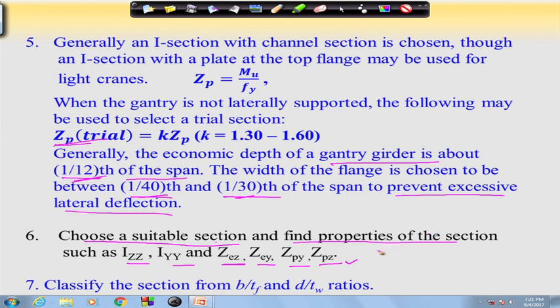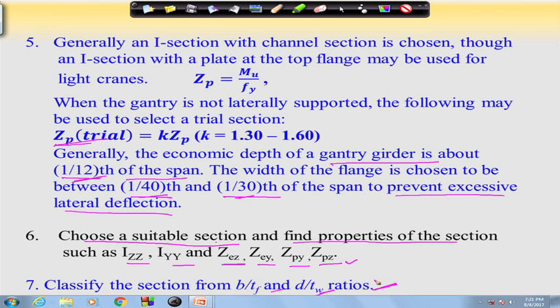Then once we choose a trial section, we will classify the section, that is, find the B by TF ratio and D by TW ratio, and based on that whether the section is plastic, compact or semi compact will be defined.